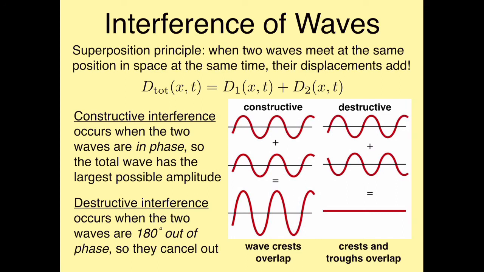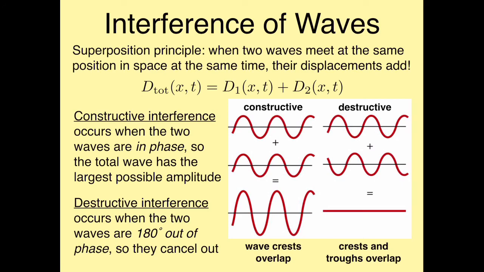On the other hand, if we have destructive interference, this occurs when the waves are 180 degrees out of phase, and effectively they cancel each other out. So now, when this one is at a peak, this one is at a trough. And when this one is at a trough, this one is at a peak, so they're 180 degrees out of phase with each other.